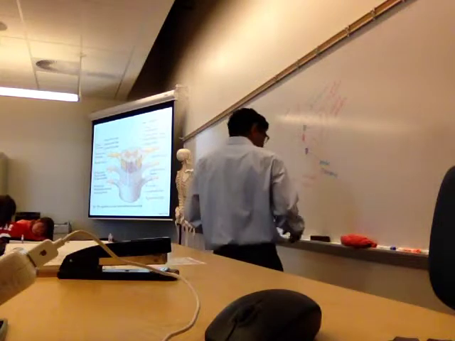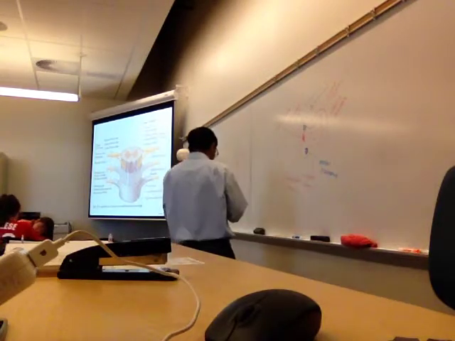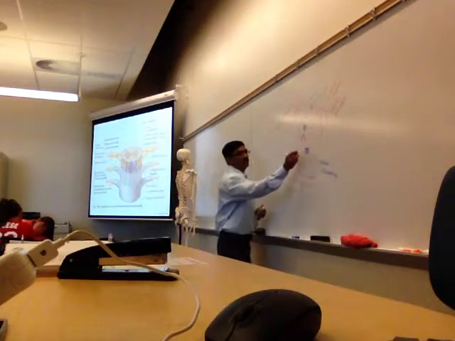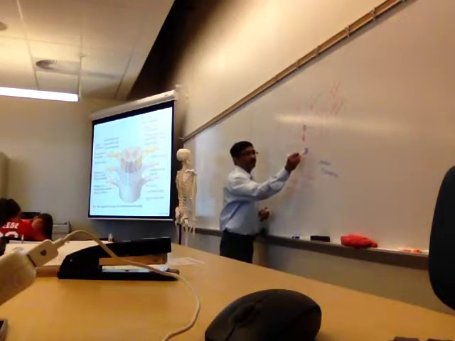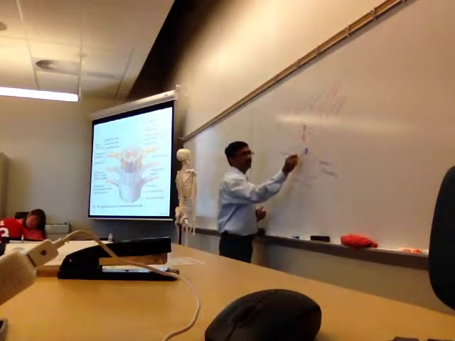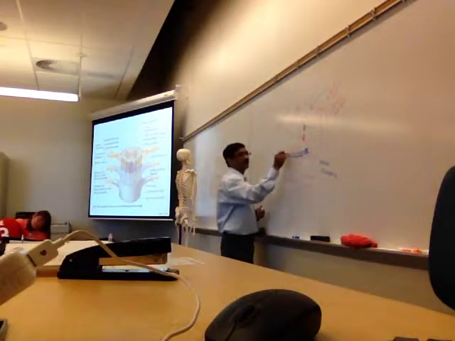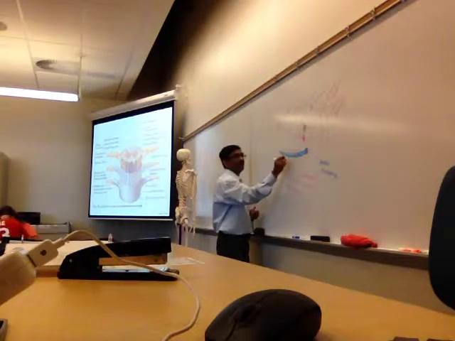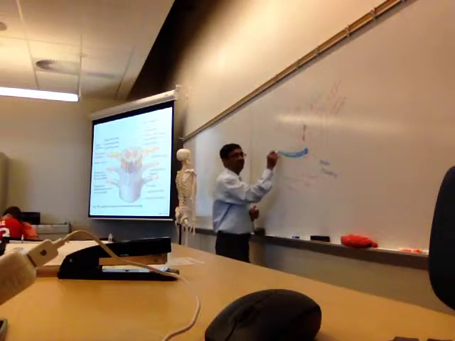Okay, now from motor neurons, the axons arise and get out from the spinal cord, okay?